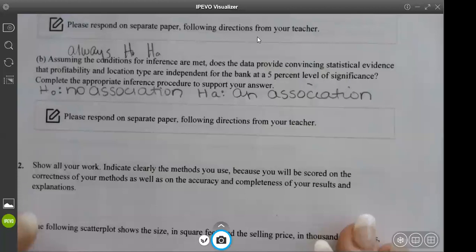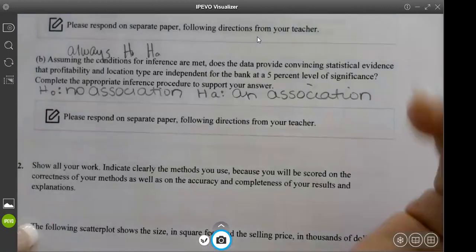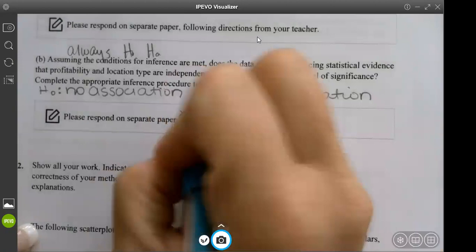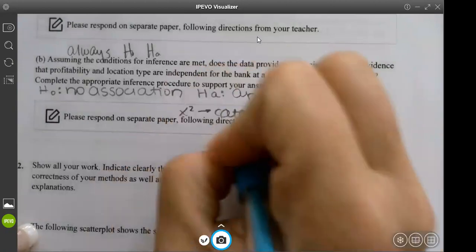We have categorical variables. So what are we going to use? Chi-squared. And you may want to write that down. We're using chi-squared because of categorical.